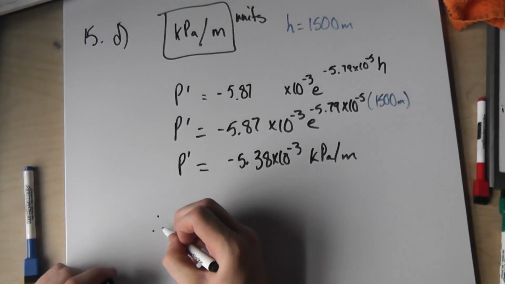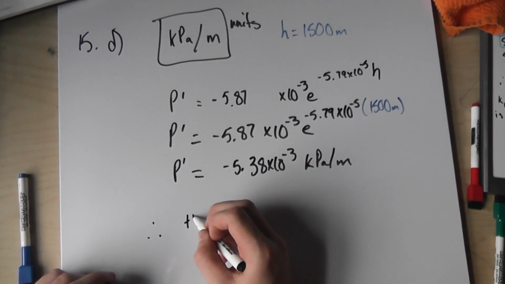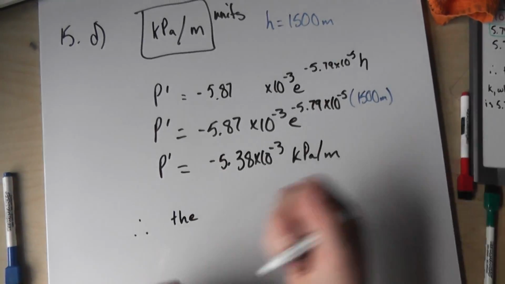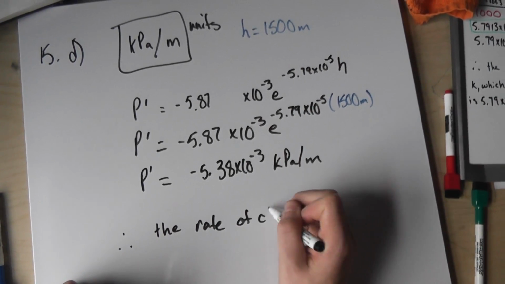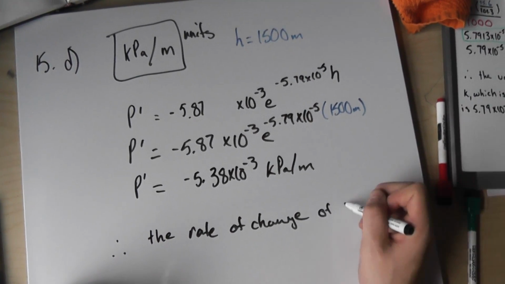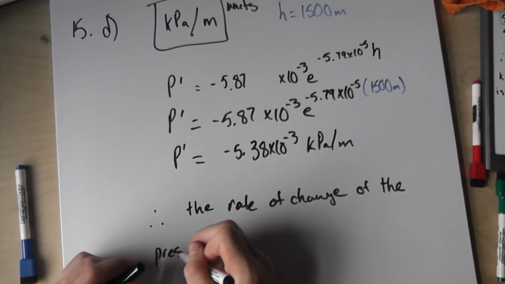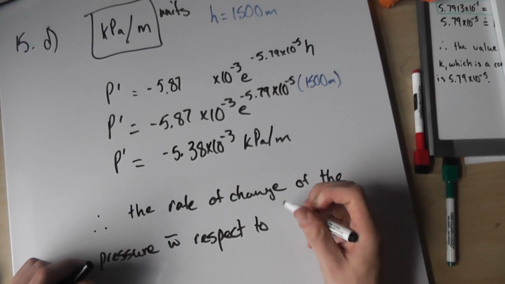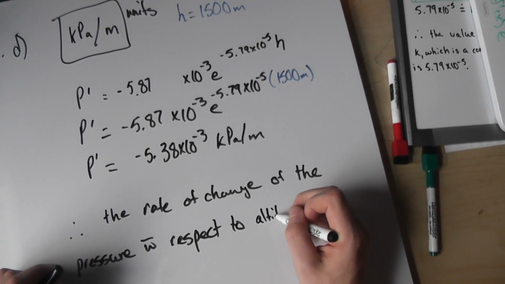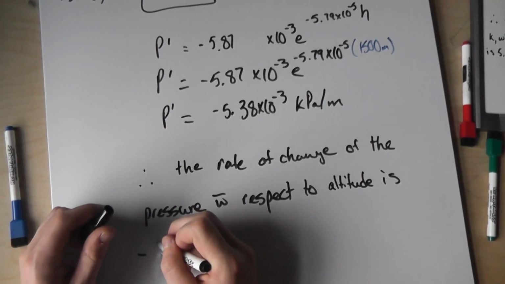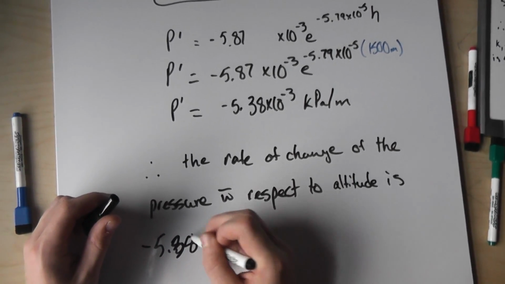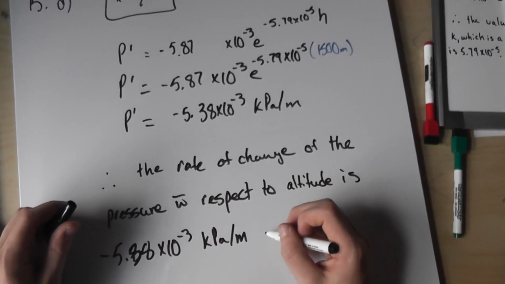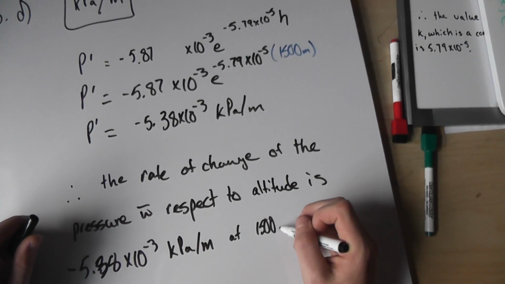So therefore, this means that the rate of change of the pressure with respect to altitude is negative 5.38 times 10 to the negative 3 kilopascals per meter at 1,500 meters.